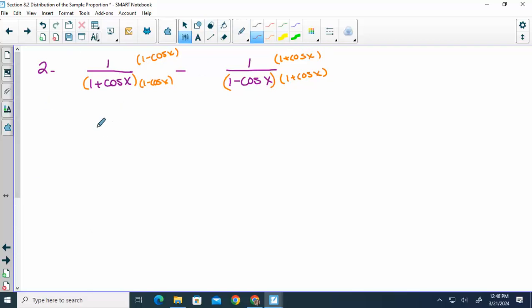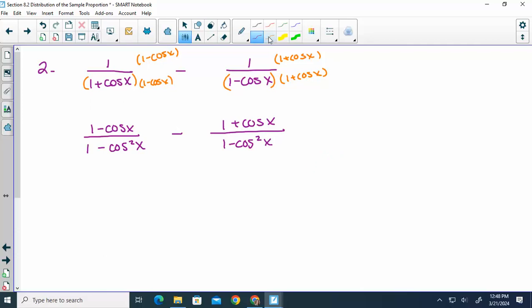Okay, so the top, 1 times anything is the same thing. On the bottom, if you FOIL, 1 times 1 is 1. Minus cosine x and plus cosine x drop. Minus cosine squared x. Minus, this one we have 1 plus cosine x. When we distribute on the bottom, we get 1 minus cosine squared x.